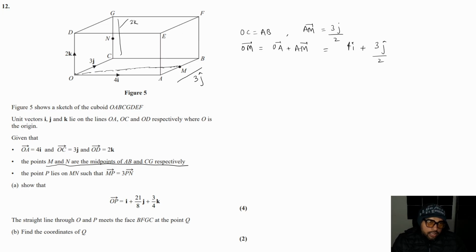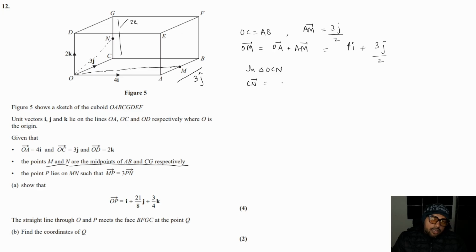Now come to the N part. See, I'm drawing the rough diagram here. So in the triangle OCN, OM vector we have calculated as 4i plus 3j by 2. Now for OCN, what will be the value of CN?